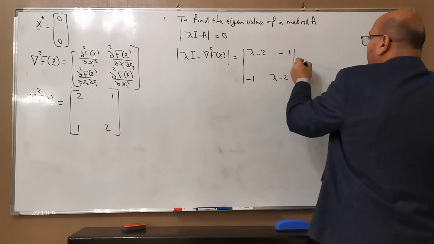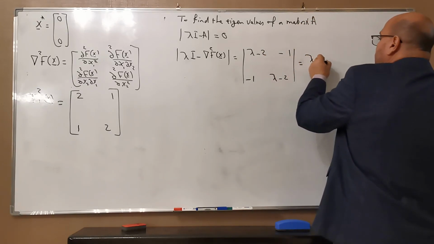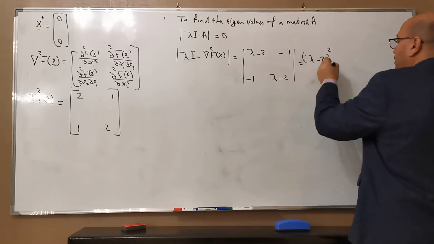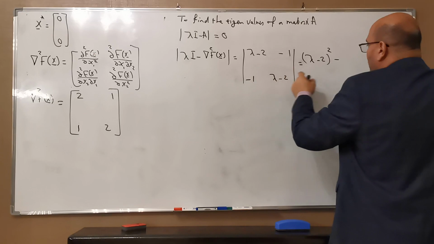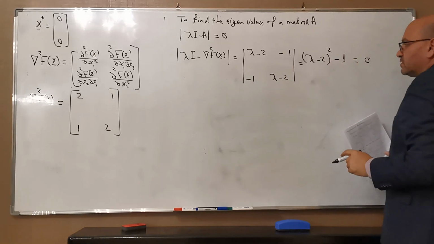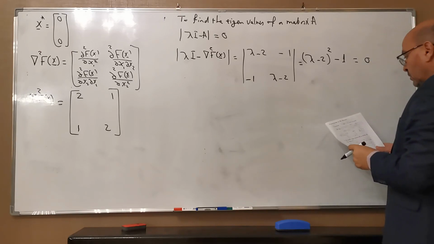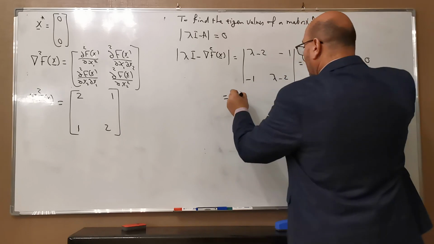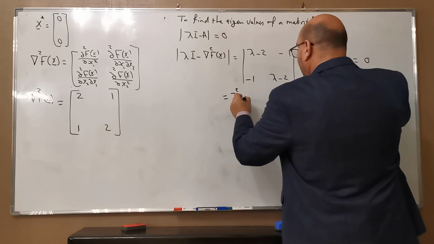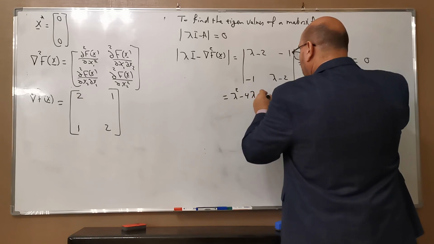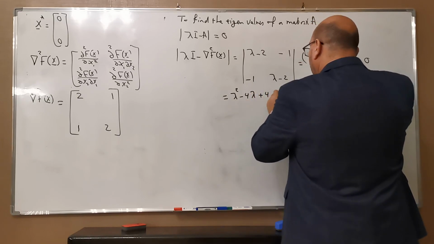So the determinant will be lambda minus 2 times lambda minus 2, which is lambda minus 2 squared, minus 1 times minus 1, which is minus 1. And we equate this to 0. So this is lambda squared minus 4 lambda plus 4 minus 1 equals 0.